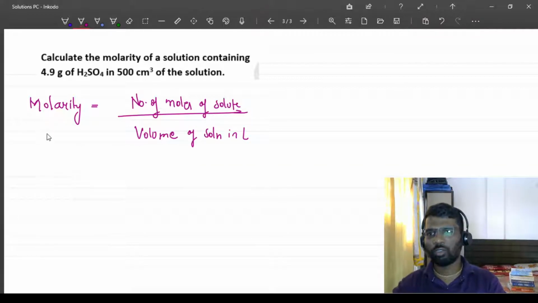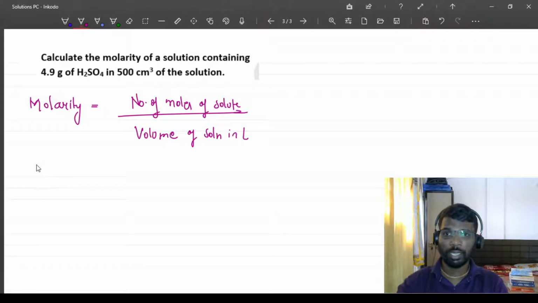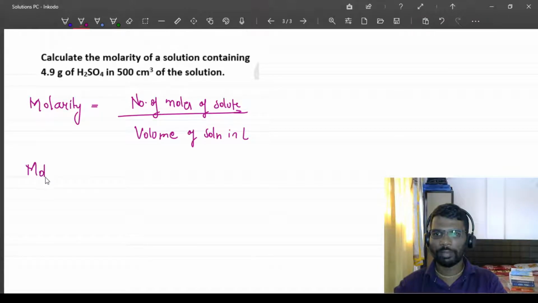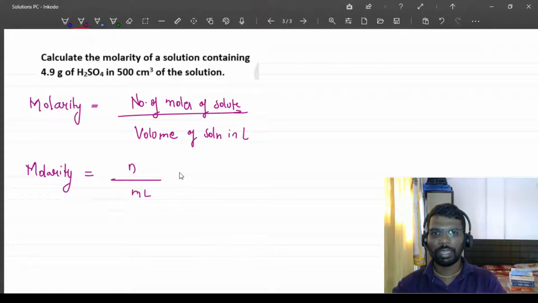Now again there are two formulas. Some students find it a bit confusing, so I'll just clear their doubt. In the last example we found a molality. Here it is molarity. So let's say this is the number of moles, and if you are taking the volume of solution in ml, then you should multiply it by 1000. In this example it is given to be 500 centimeter cube.